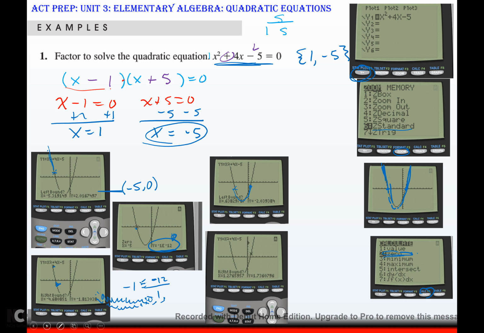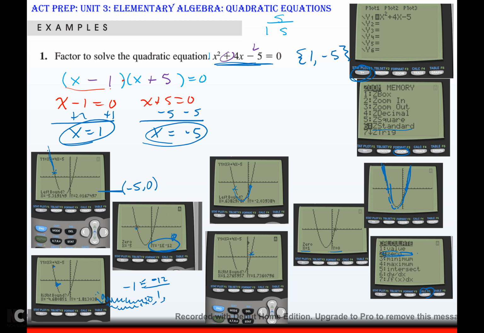You hit enter, and then to get the right bound, you go past the x-intercept and hit enter, and it will tell you your 0 is at 1, 0, and there's that one. Like I said, it's much faster to do it by hand, but sometimes, if you have ugly quadratics that can't be factored, so your answers are all decimals, then the graphing calculator does make your life easier.